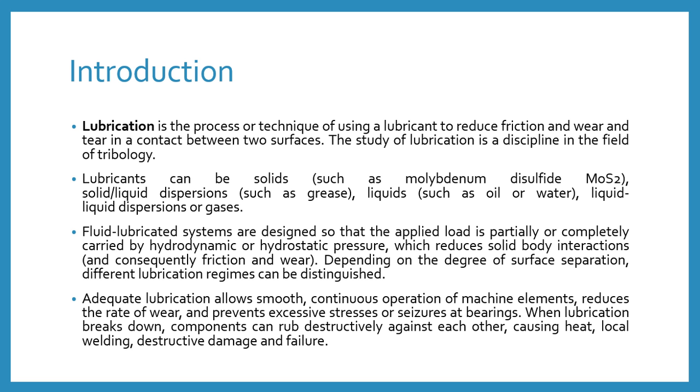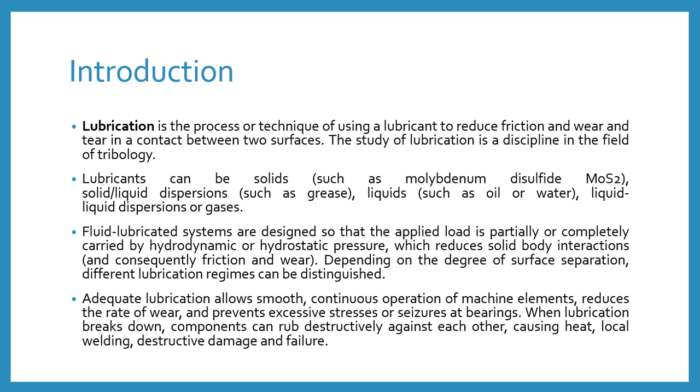They can be solids, liquids, liquid to liquid dispersions, or gases. Among solid lubricants, we have molybdenum disulfide, whose chemical formula is MoS2, or solid to liquid dispersion, which looks like a grease.